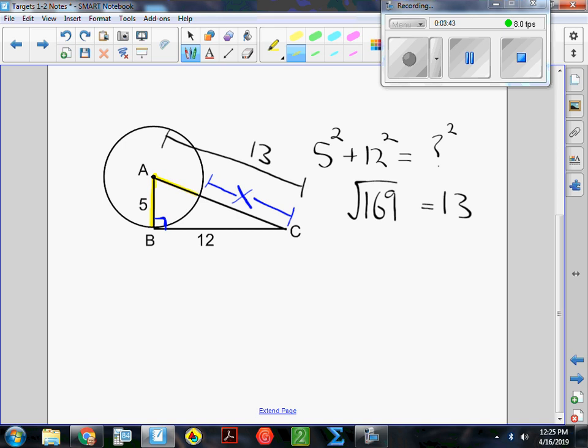If the radius is 5 in the circle, the radius is 5 in the circle everywhere. And so A to this intersection point is also 5. So if the entire hypotenuse is 13 and that part is 5, then x is going to be 13 minus 5, which is 8.